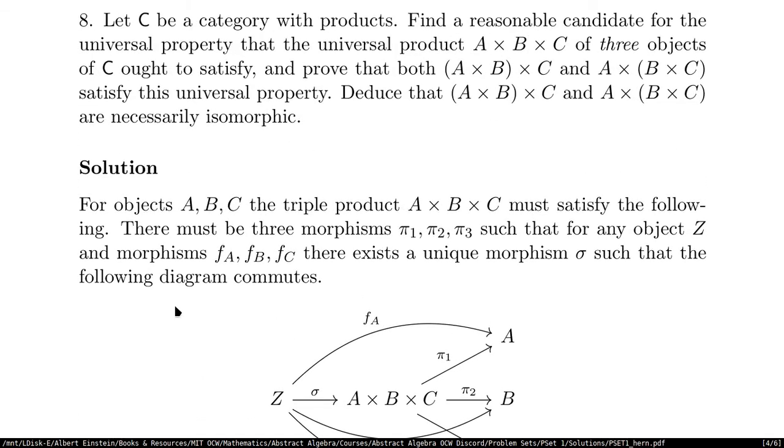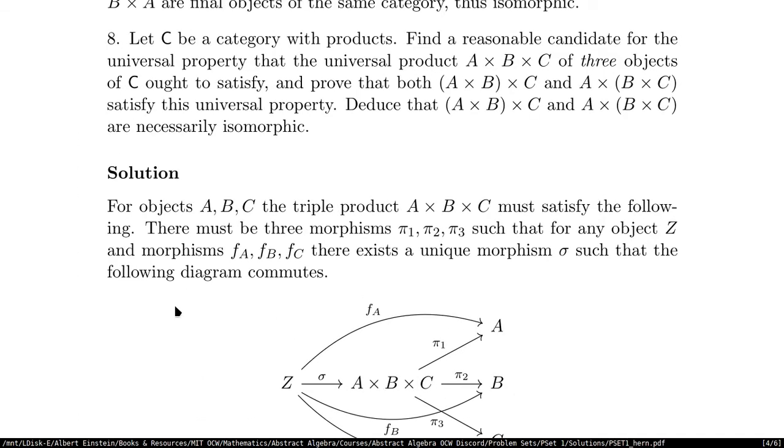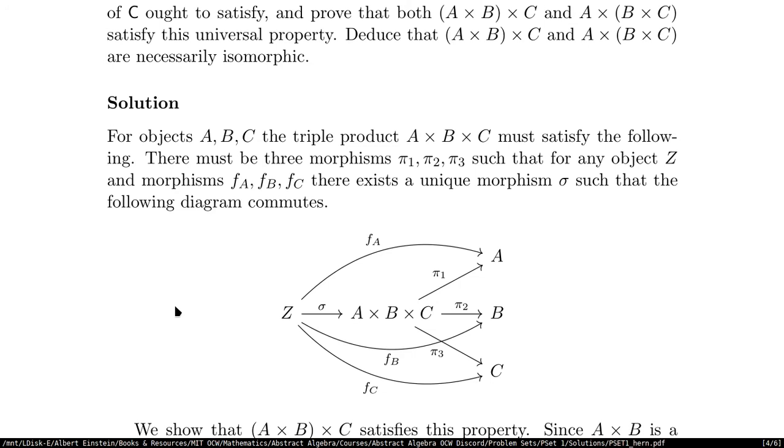Let's see. This is Hearn's solution with the great diagrams. You have the triple product A cross B cross C. It must satisfy the following, he says. You have the 3 natural projections onto A, B, and C separately.